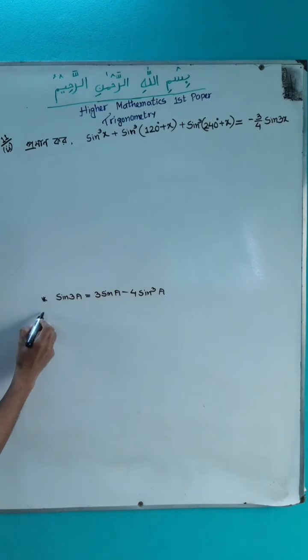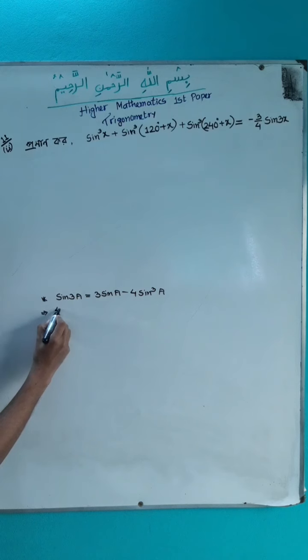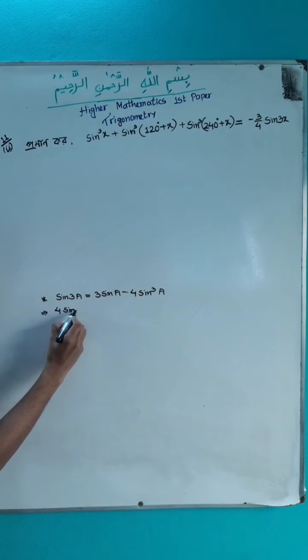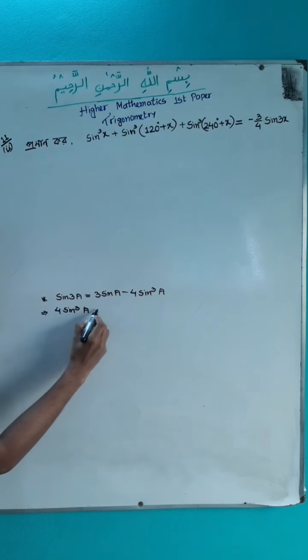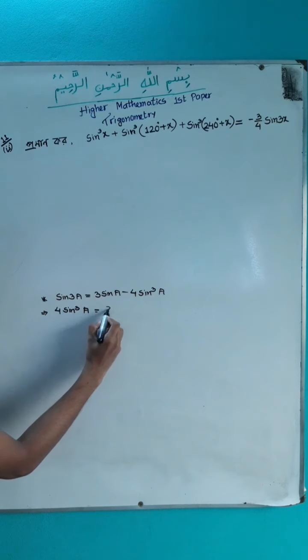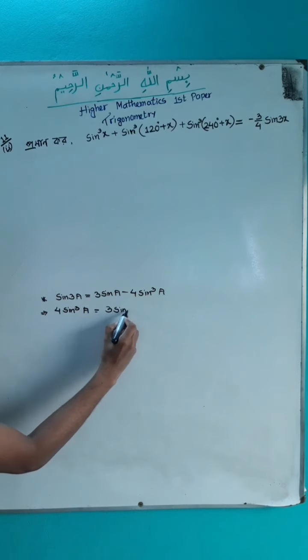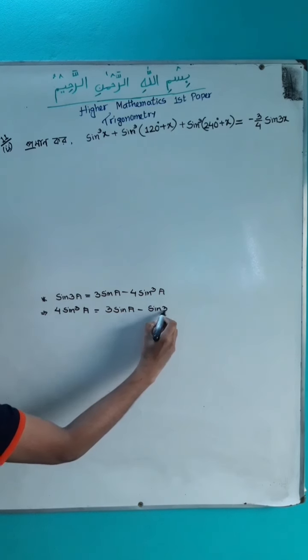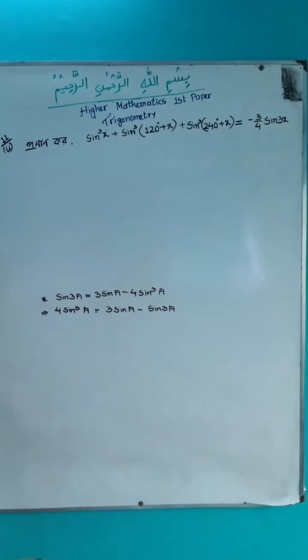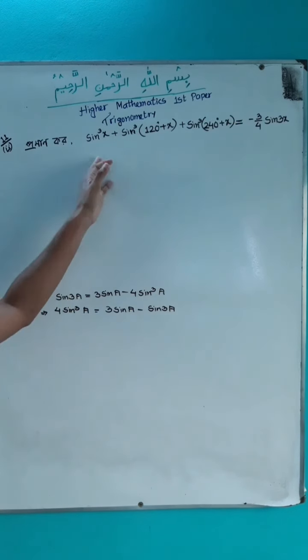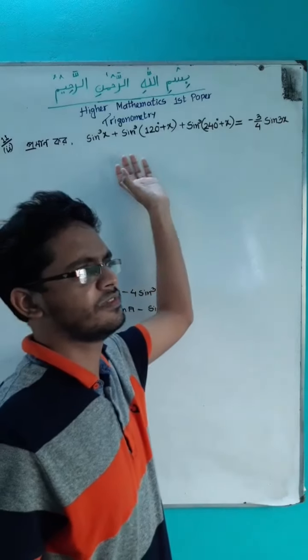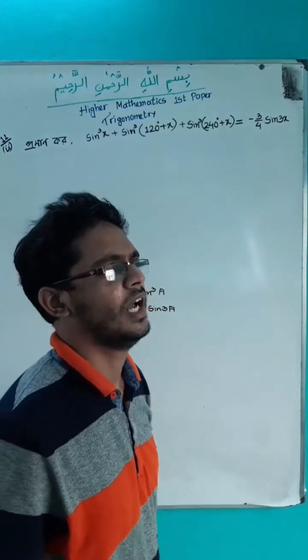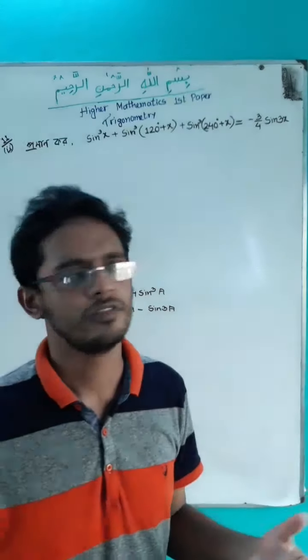So we can write 4 sin cube a equals 3 sin a minus sin 3a. When you put this formula, we can multiply the left hand side by 4 and then divide it by 4.